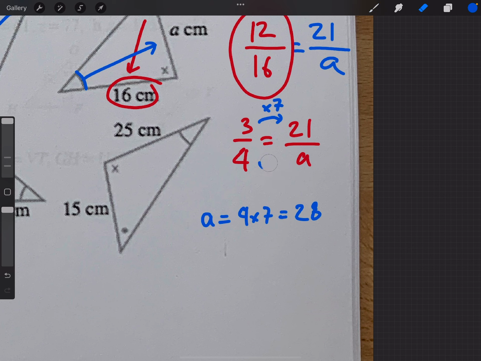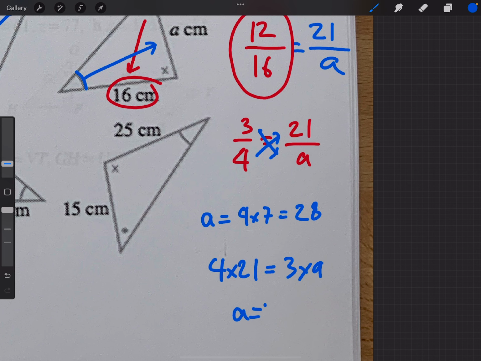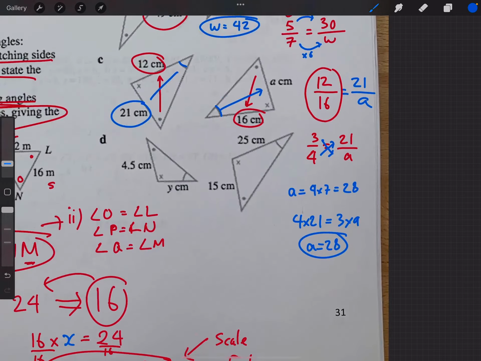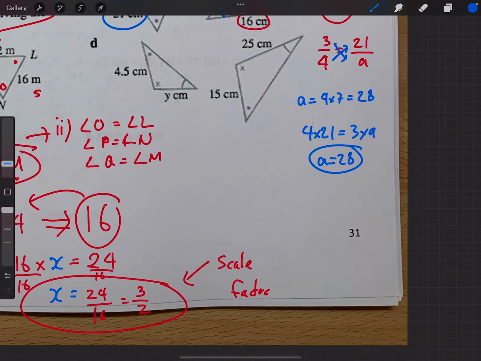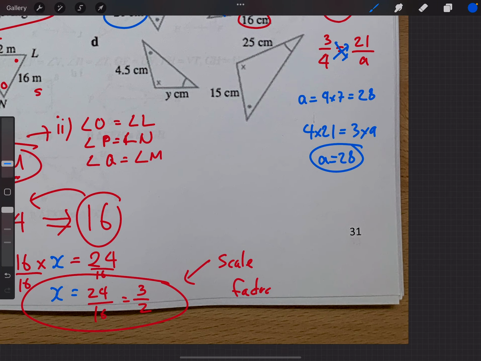Here's cross multiply. You can say 4 times 21 is equal to 3 times A, and when you work it out, A is equal to 28. Same thing. Alright. Question D, I'll let you do that one by yourself.